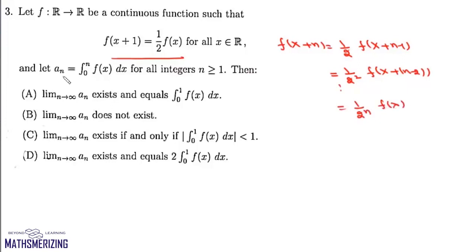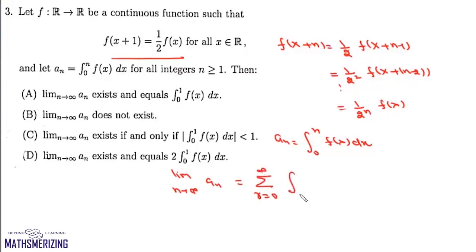Now we need to find this integral a_n, which is from 0 to n of f(x) dx. Now we need to find this limit n tends to infinity of a_n, which is this summation r varies from 0 to infinity of the integral from r to r + 1 of f(x) dx.